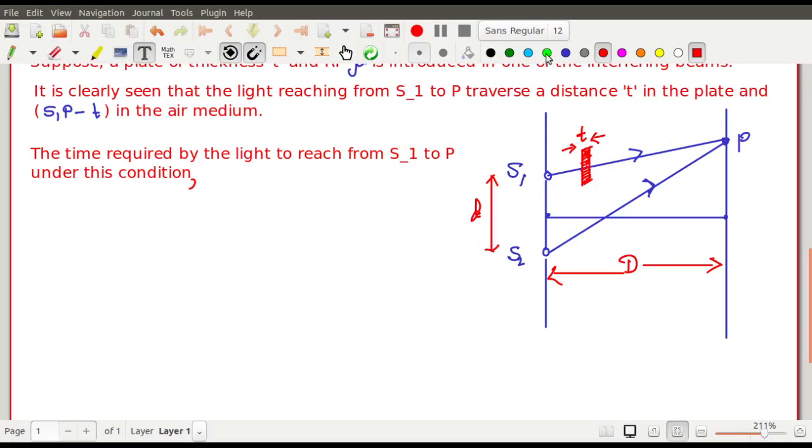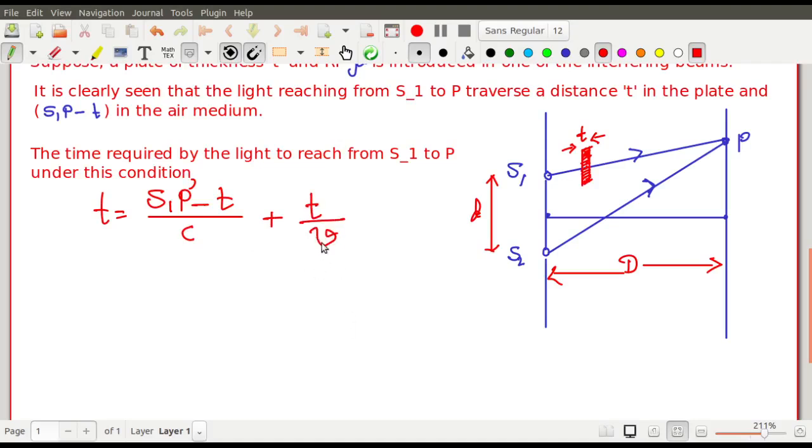So the time required over here will definitely be, time is equal to distance by velocity. So you see that S1P minus T has been traveled in a medium of velocity c, and this T distance has been traveled with a velocity v.